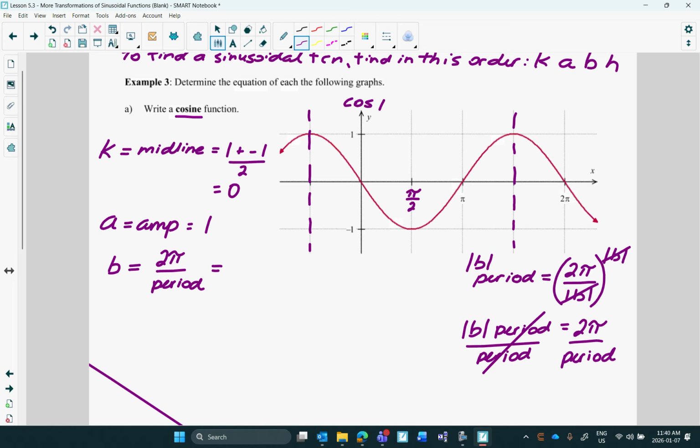So the cos period is 2 pi, which means that's what I divide 2 pi by. And I get 1.